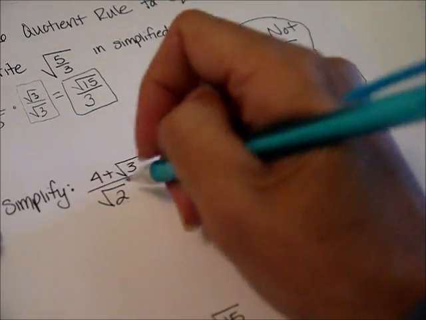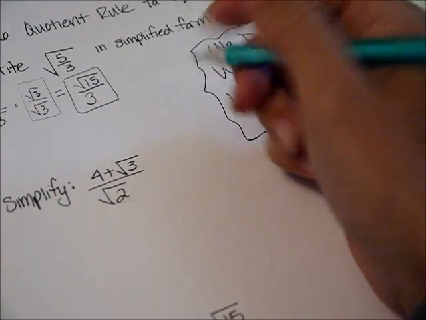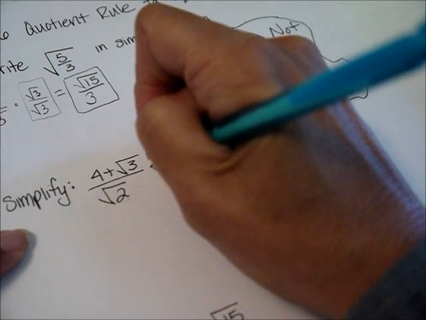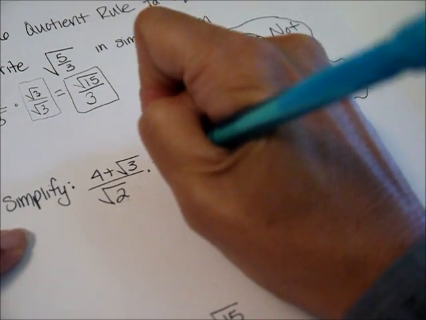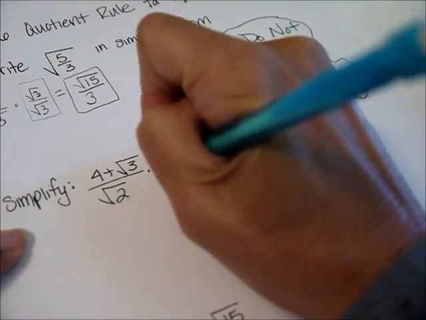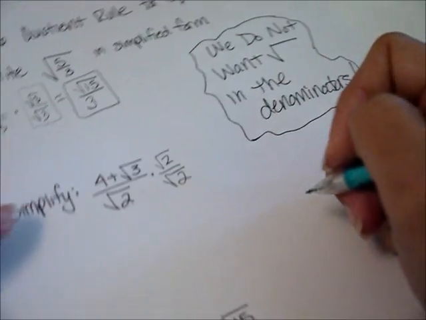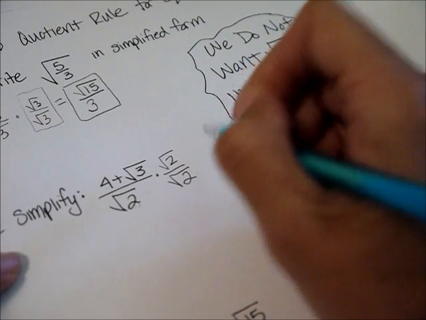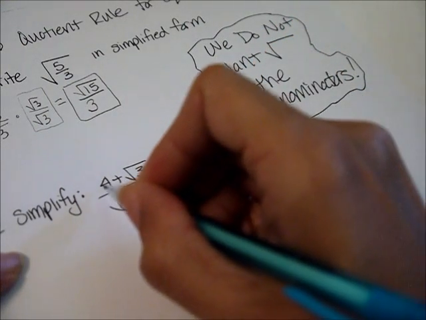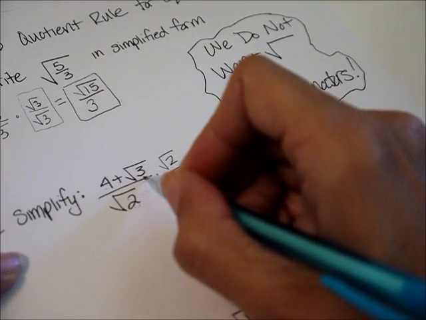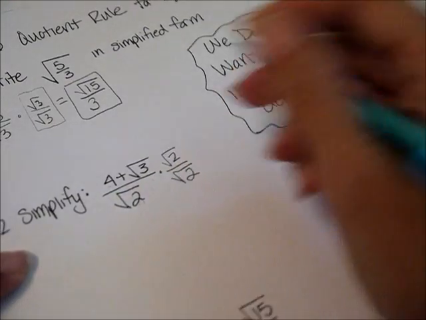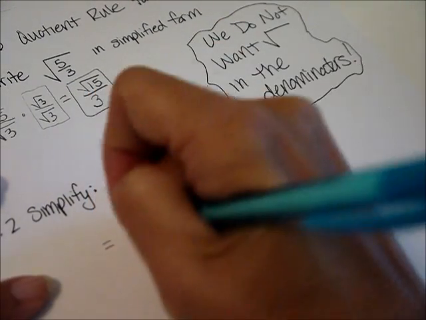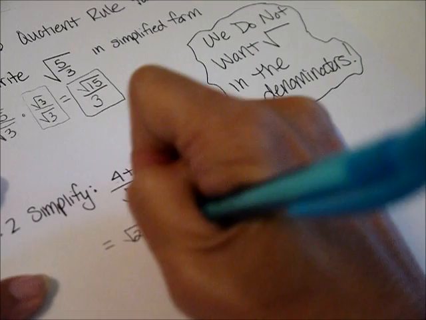Sometimes it's not so easy because we have two values up here. So we've got to get rid of this square root of 2. So we're going to multiply the top and the bottom by square root of 2. Now in order to multiply the top, we have to distribute this. So we have to multiply square root of 2 times 4 and square root of 2 times 3. So what that looks like is, here's one way to see it.